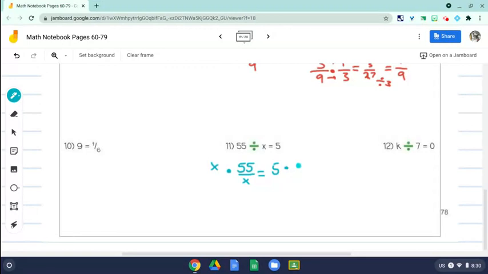Now just bear with me here. When I multiply both sides by x, these x's become 1 and can essentially be eliminated. And I'm left with 55 equals 5 times x, or just 5x.